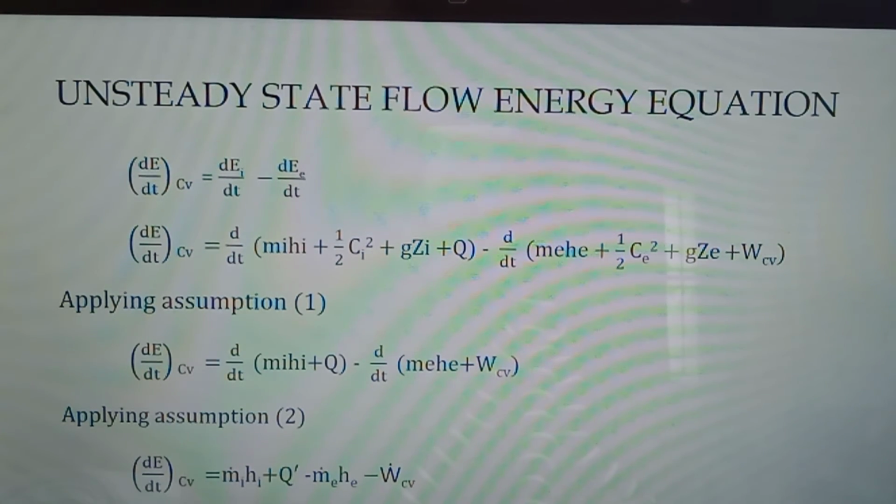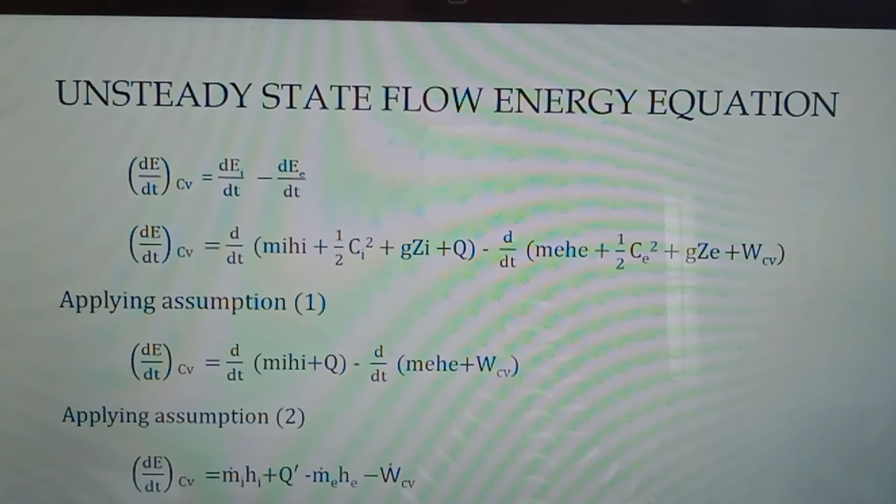By substituting all the energy terms available, we will be getting the final equation as dE by dt of the control volume is equal to d by dt of Mi(Hi plus half Ci square plus Gzi) plus Q. Here MiHi represents the internal energy change, half Ci square represents the kinetic energy at the inlet region, Gzi represents the potential energy at the inlet region, and Q is the heat supplied to the system, minus d by dt of Me(He plus half Ce square plus Gze) plus Wcv.